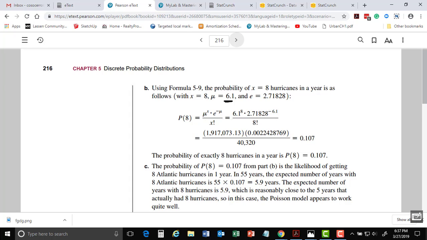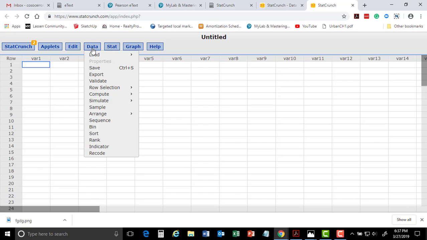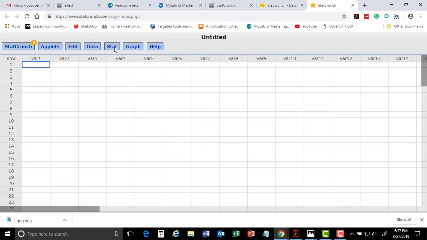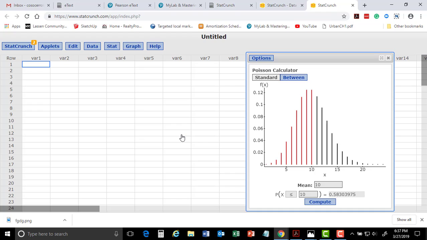Okay? Can we do that on StatCrunch? Well, I think I did it already. I think I'll talk to the designers and have this be able to switch. Okay. I went to data? No. Stats? I forgot what I did. Yeah. Calculator? We're doing Poisson. What is the mean?